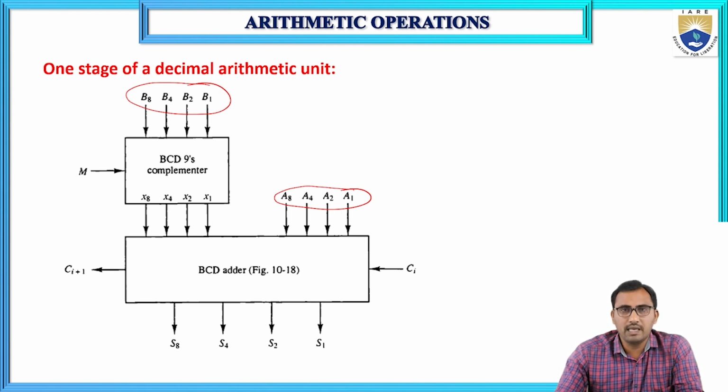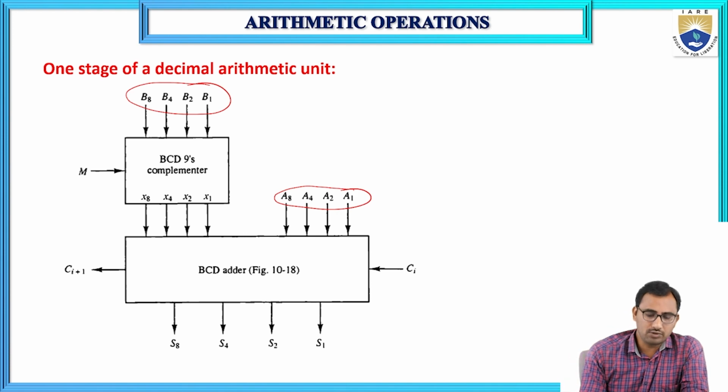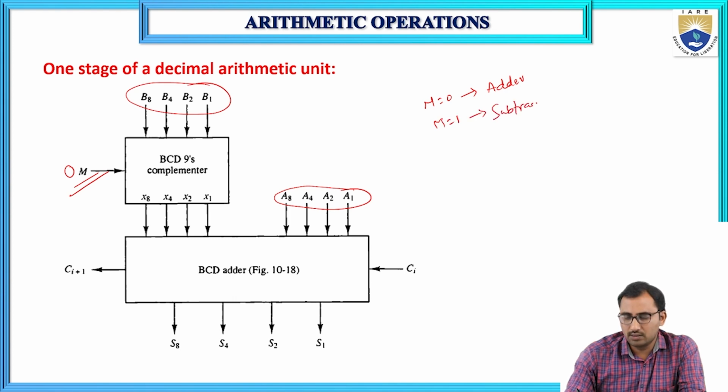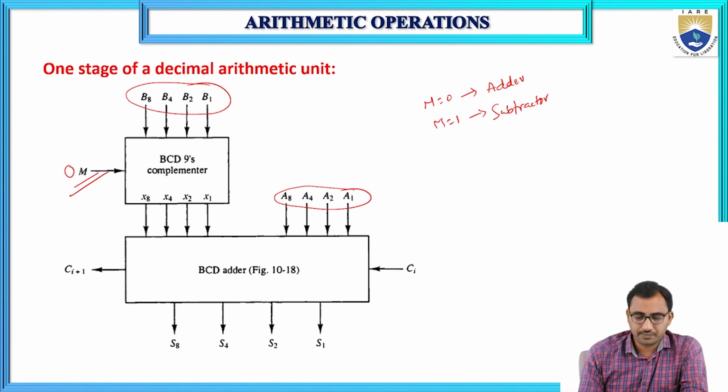Whether we perform addition or subtraction depends upon this mode control input. If m is equal to 0, it acts as an adder. If m is equal to 1, it acts as a subtractor.